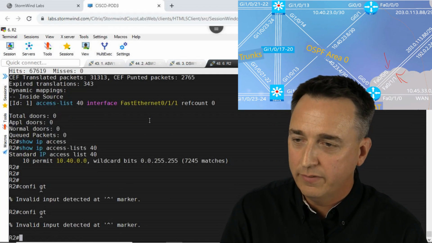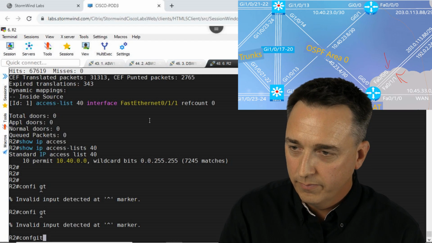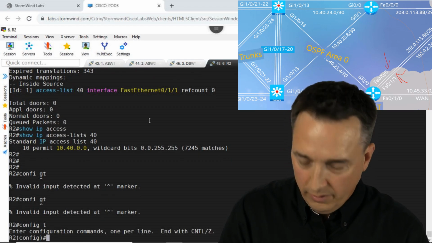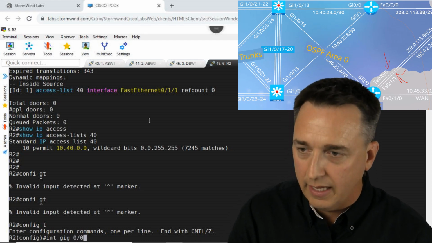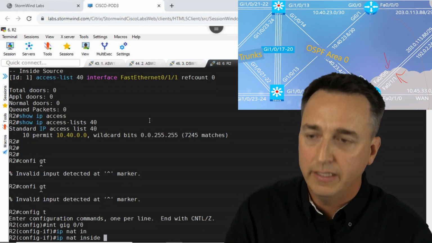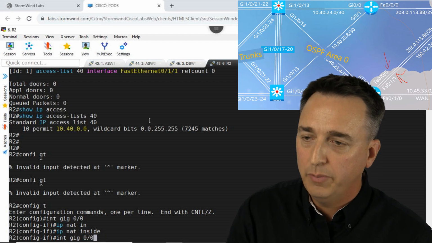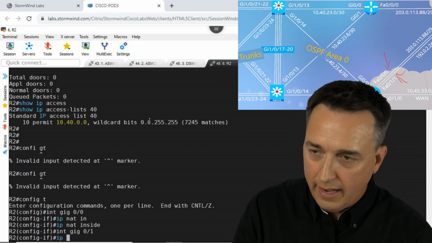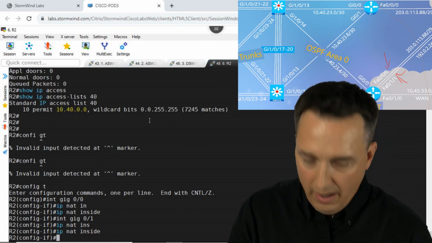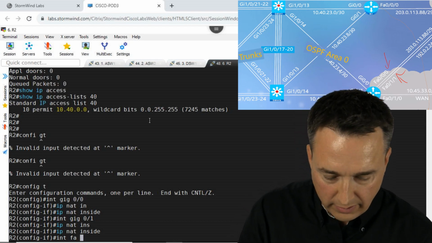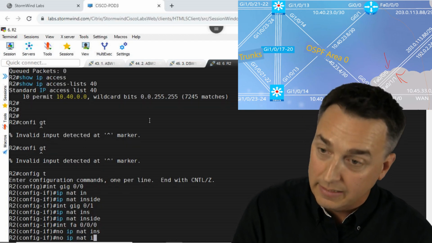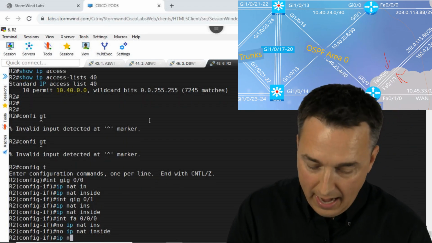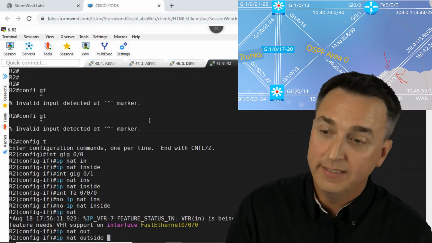So we'll type in configure terminal. We'll type in interface gigabit Ethernet 0/0, ip nat inside. Interface gigabit Ethernet 0/1, ip nat inside. And then interface fast Ethernet 0/0/0, no ip nat inside, and then ip nat outside.